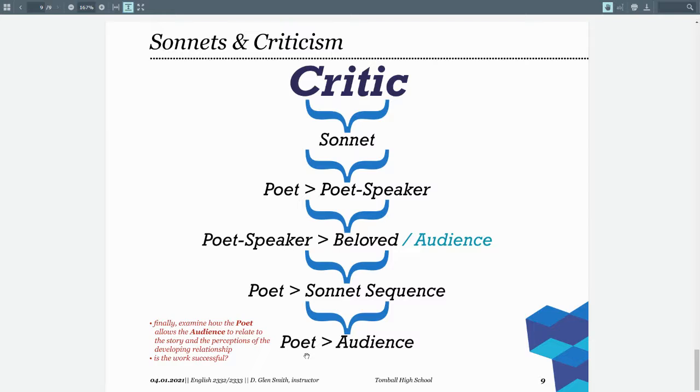What is being revealed to you within the story? Okay. What is the developing relationship? How are they perceived? Okay. Do you relate to the characters is what I'm basically coming down to. Do you relate to these characters? Is the work successful?